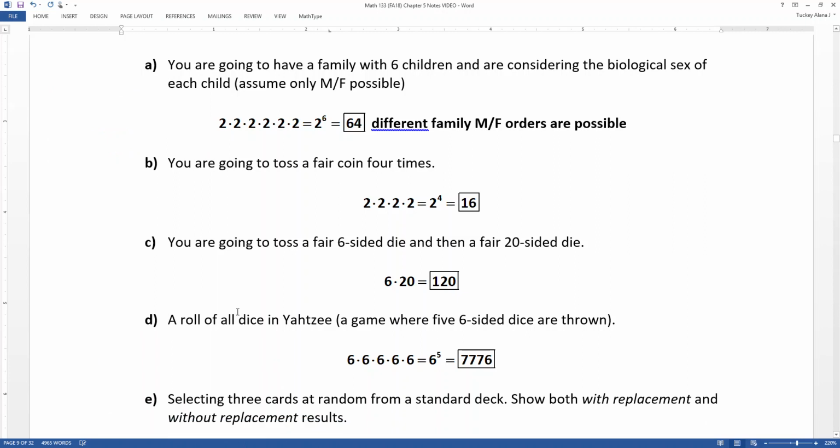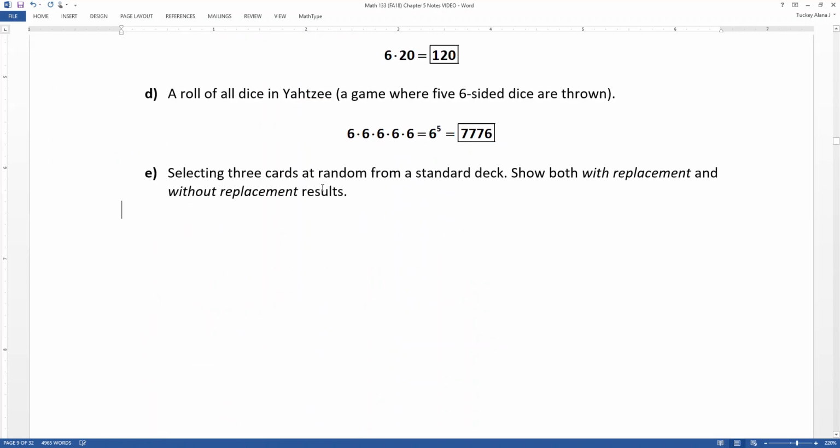All right. Now, what about selecting 3 cards at random from a standard deck? We're going to do this both with replacement and without replacement. With replacement means you stick the card back in. So it's like you're playing against a magician. They have you pull the card out, you look at it, and then stick it back in the deck. That's with replacement. So if you're doing with replacement, there's 52 cards in a deck, so let's remind ourselves of that.